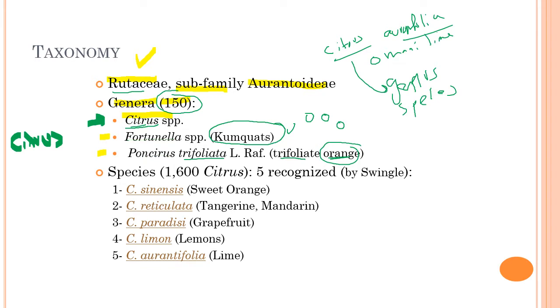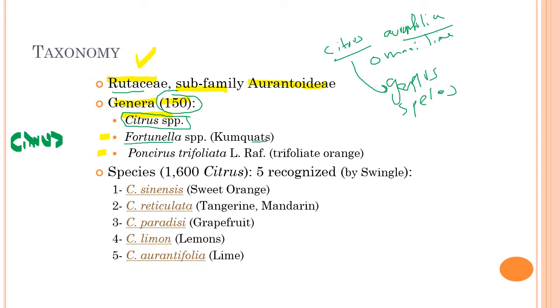So it is very important to know that in the citrus group, it's not only citrus, but there are other plants or crops that are actually not in the genus citrus.